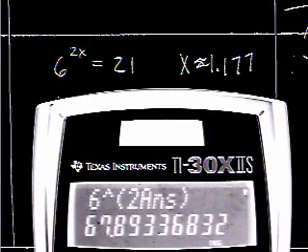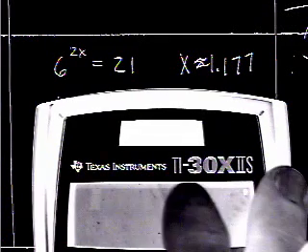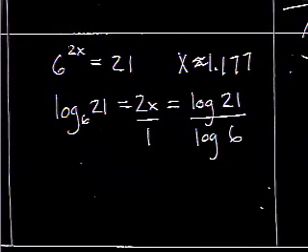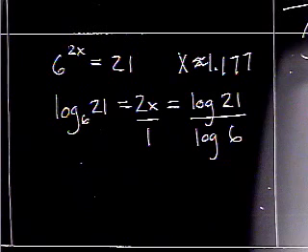What did we do wrong? Let me type my answer in again to see if I did something wrong. 2 log 6 in parentheses equals that divided by log 21. Okay, 6 caret 2.